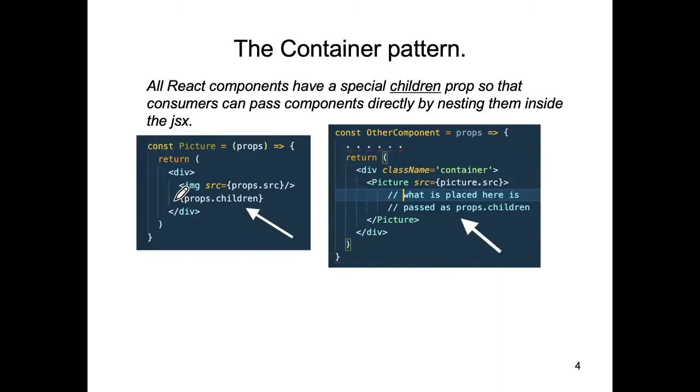And on the right, I'm showing you in general how you control the children prop. Whatever you put here is going to be bound to the children prop of picture. And you can see the way that I'm using picture here. I have its open tag and its closing tag. This is very HTML-like, and that's what's nice about React components. We can follow the same type of syntax as we do with ordinary HTML tags.